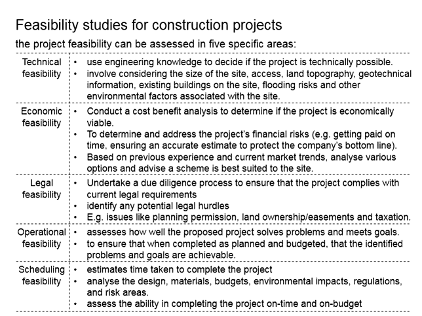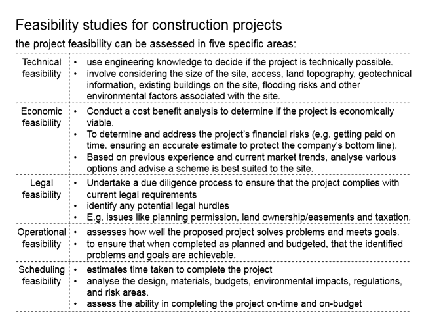In the previous videos, we talked about 5 specific areas of project feasibility studies. One of the areas is the technical feasibility studies. The technical feasibility studies involve using engineering knowledge to decide whether the project is technically possible.